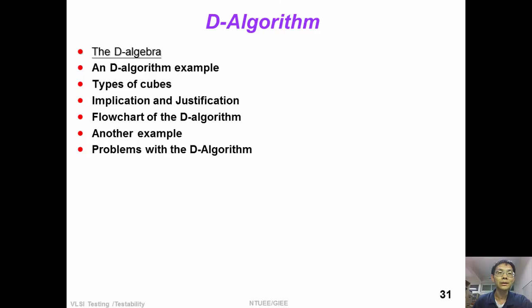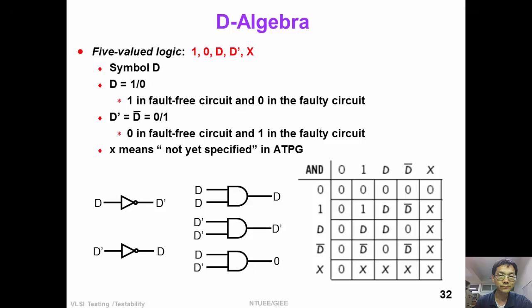This is the outline. We will first introduce the D-Algebra. The D-Algebra is a 5-value logic which has logic 1, logic 0, and most interestingly, the logic symbol D represents 1/0, which means that the logic value is 1 in the good circuit and 0 in the faulty circuit.